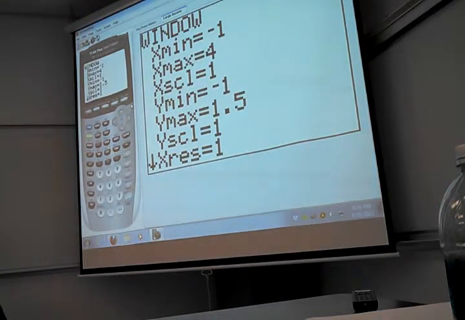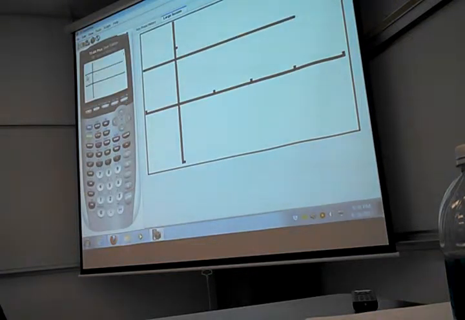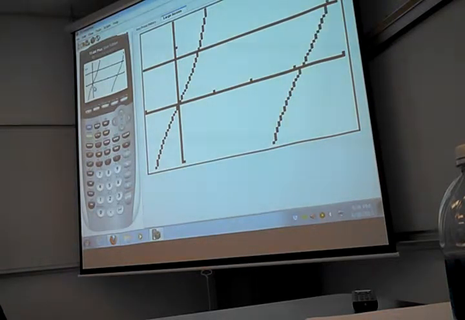This pi over 4 is like 0.7 or something. So here's my top. Here's my graph of the tangent. I'm liking it. And then here's the, well, I just put them in the other way. So that's the bottom graph and the top. So that looks a lot like that problem did in the book. I can actually see it.